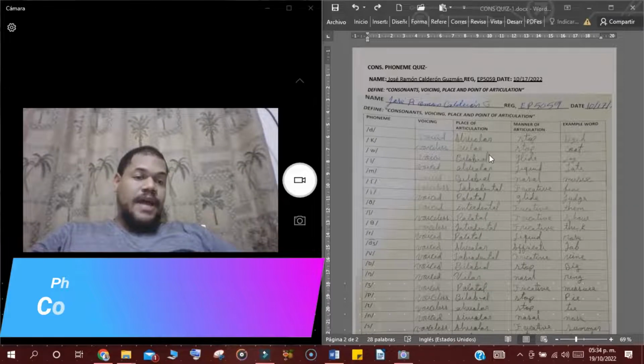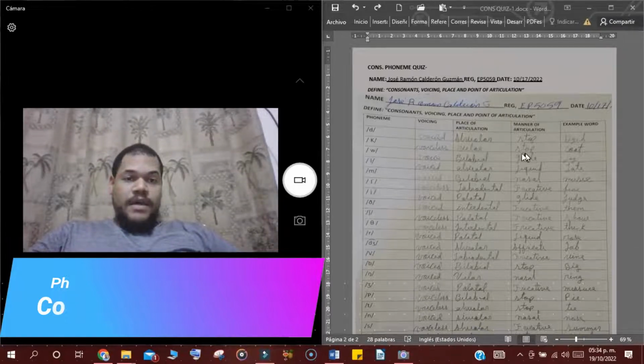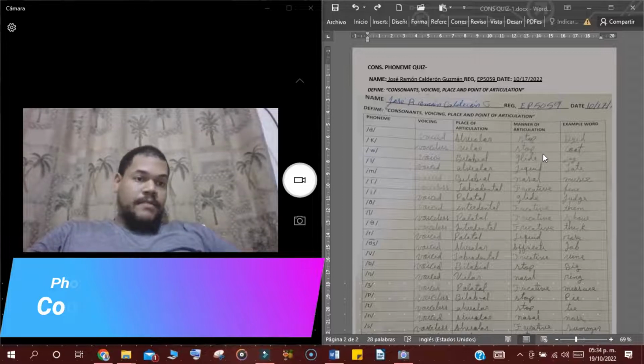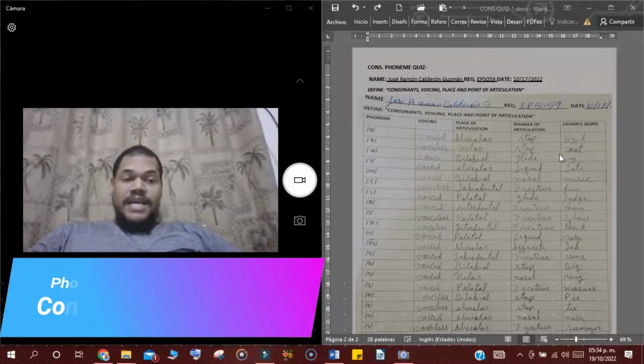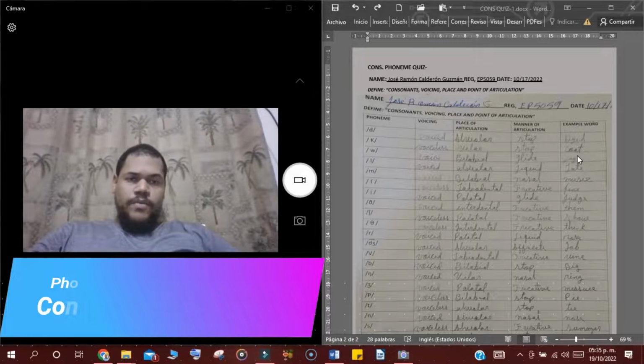And it is a glide because the constriction of the airflow is so little, in fact, that most of the time we refer to those kinds of sounds as semi-vowels. The word to represent that sound would be, and there is a little mistake here, Professor, but the right word would be way.